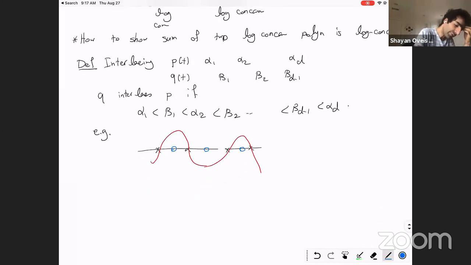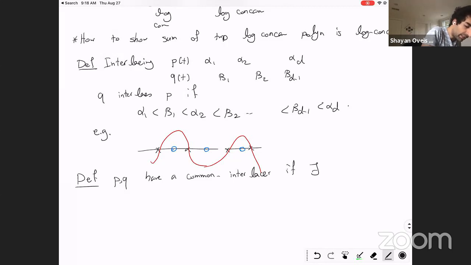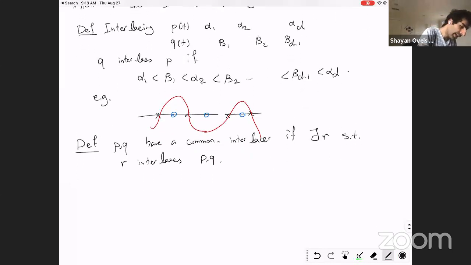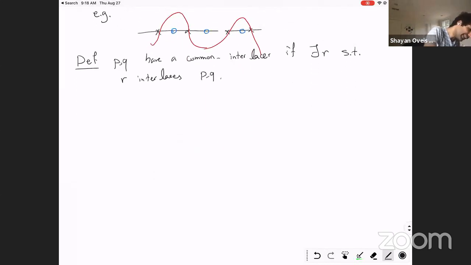Okay. Now one more definition. We say P and Q have a common interlacer if there exists a polynomial R such that R interlaces P and Q. And now the fact here is a lemma.